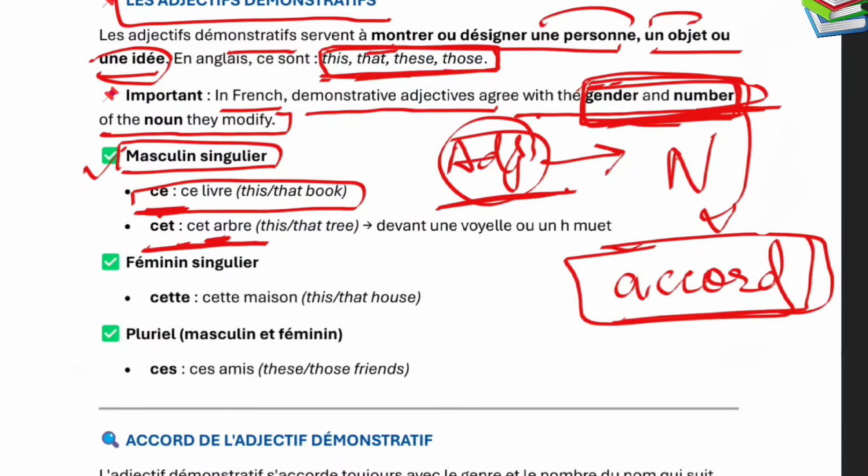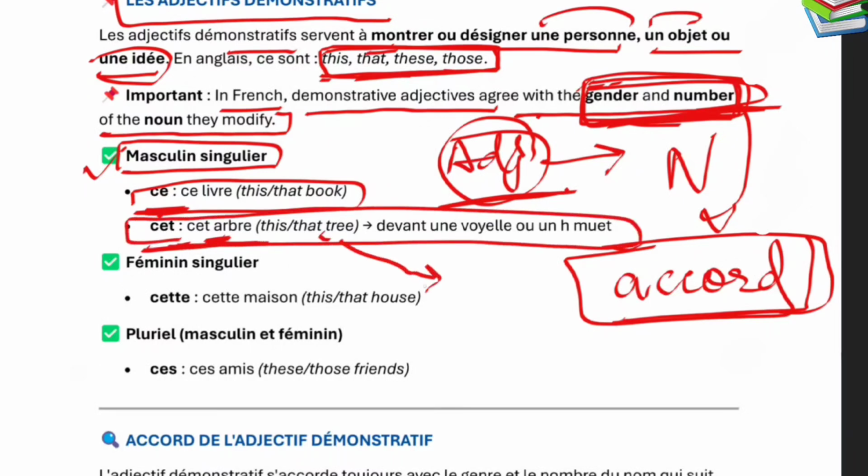For example, in this case, we say cet arbre, which is basically un arbre. Okay, so in this case, arbre, though it is masculine, starts with a vowel and it will take cet, and not ce.